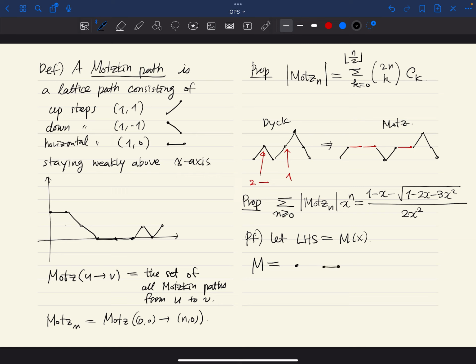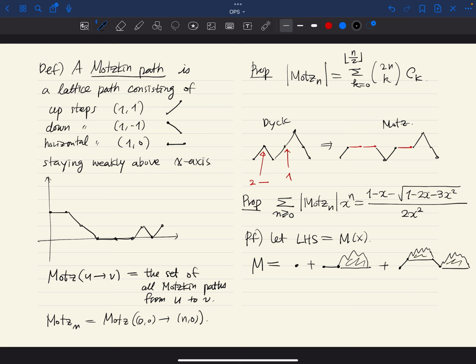If it starts with a horizontal step, there will be another Motzkin path over here. If the first step is an up step, it will stay somewhere above, and then eventually it will return to the x-axis, and after that it can go as much as it wants.